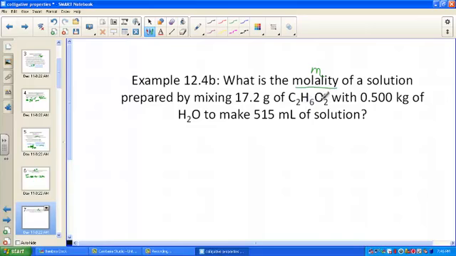Again, the nomenclature is not important, but I like to see the organic words as much as I possibly can. They may or may not appear on the AP exam, but it's sure good practice for your next lessons in organic. Ethylene glycol, C2H6O2. Ethyl comes from the 2 carbons. I prepare that with 0.5 kilograms of water in 550 mLs of solution.